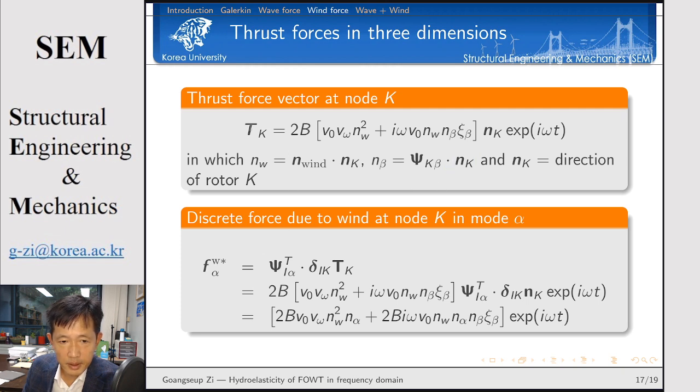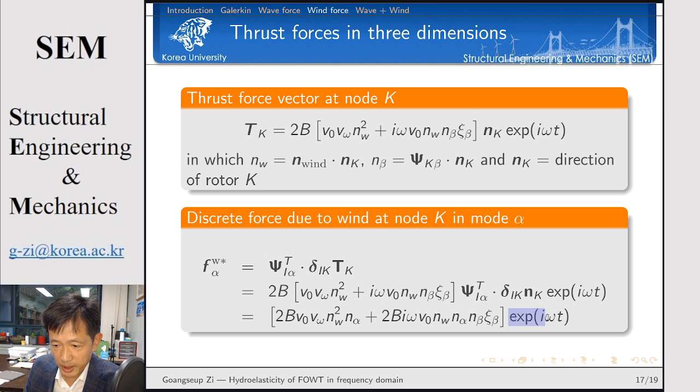So let's plug this thrusting force into the expression of the wind. Here, because we only have a limited number of points, the thrusting force is applied to those points only. So if you rearrange all the equations, finally we can obtain this equation.